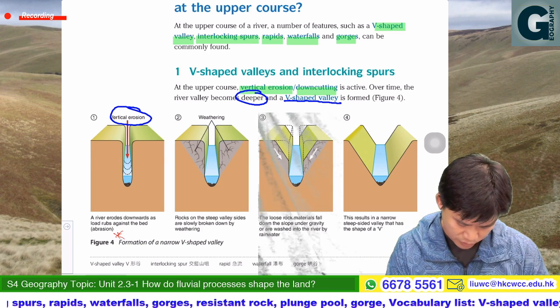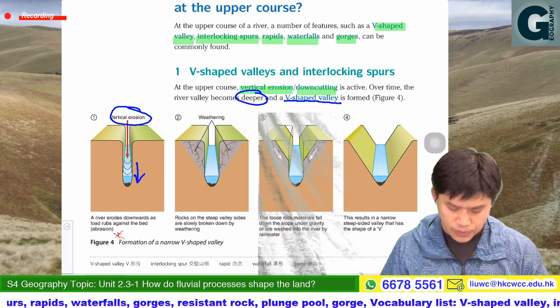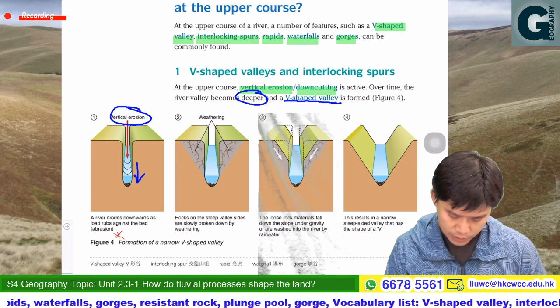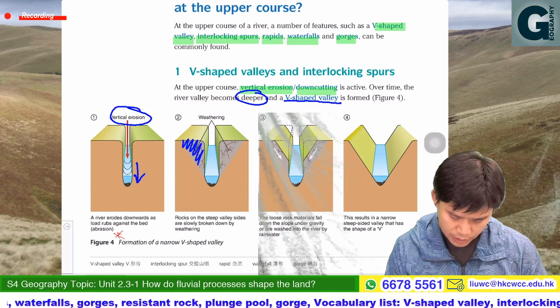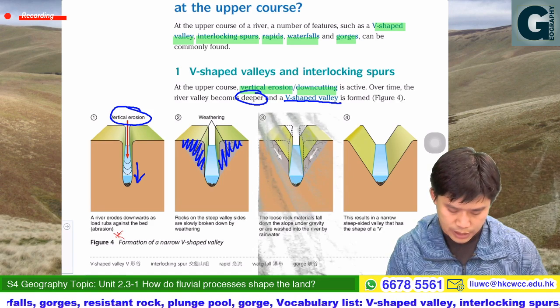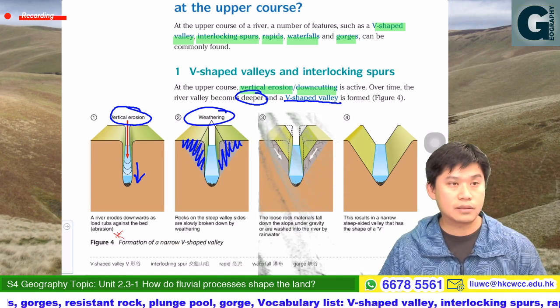The riverbed will become deeper, and then on both sides of the river, this part will be weathered away. You can see in your textbook it mentions that weathering would occur.